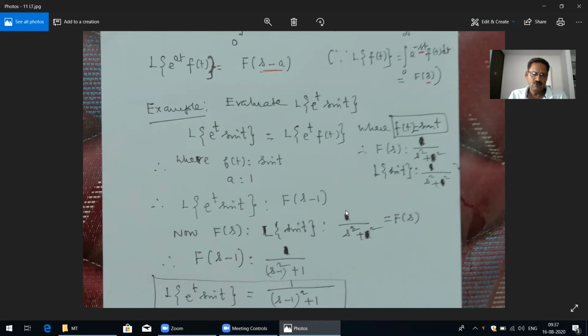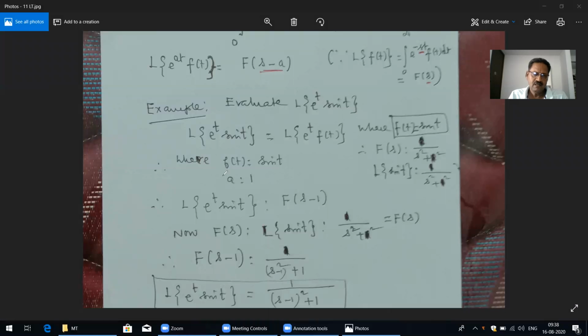Now we have to find F of s. What is f of t here? You compare with that formula. f of t is sin t. So therefore, F of s equals the Laplace transform of sin t, which is 1 over s square plus 1. It's clear now? It's very simple.